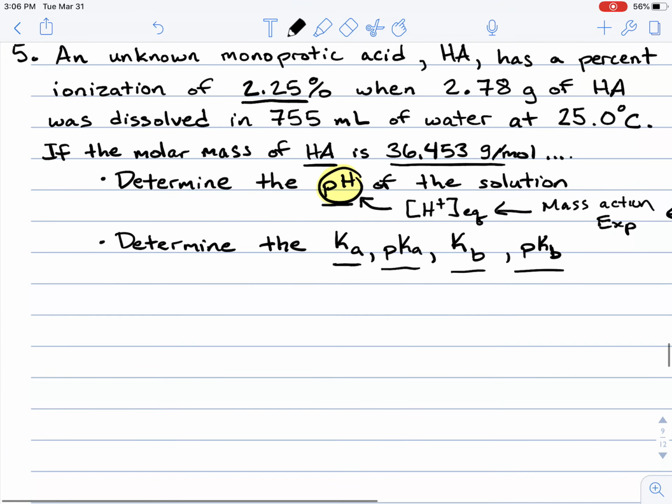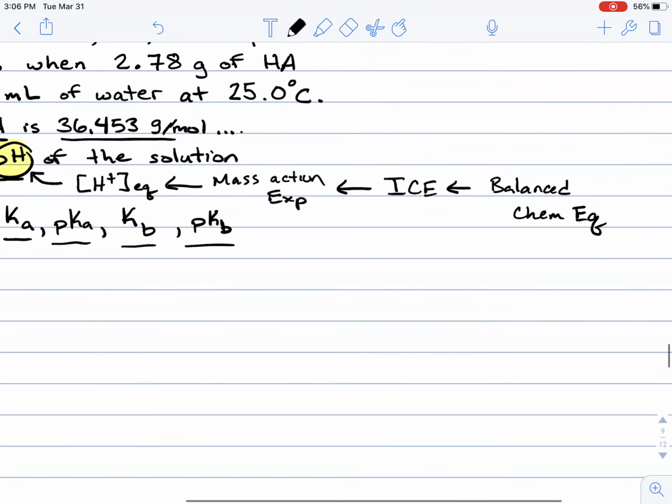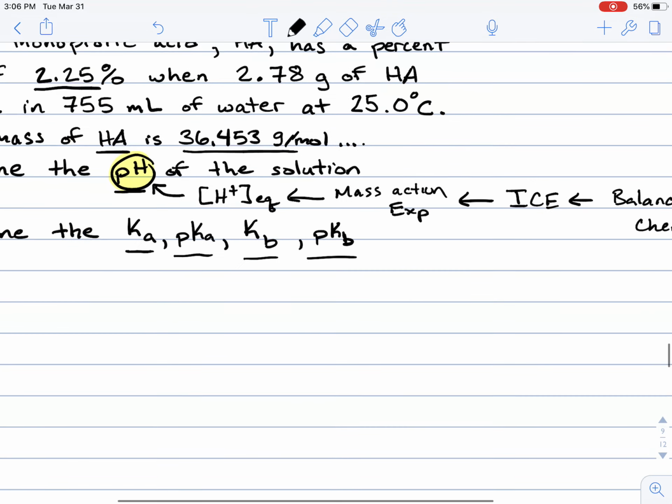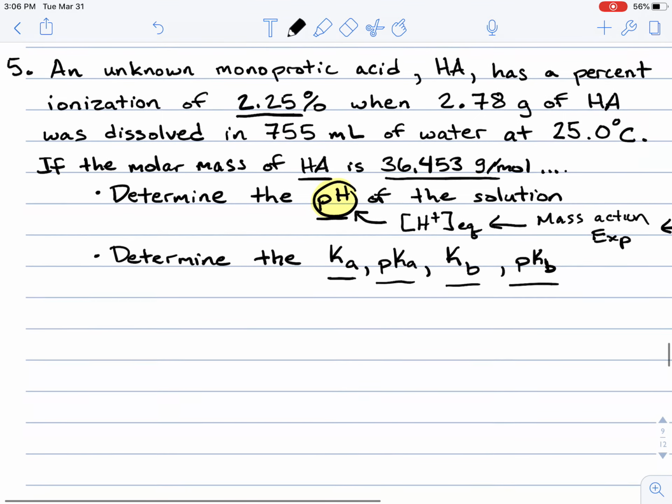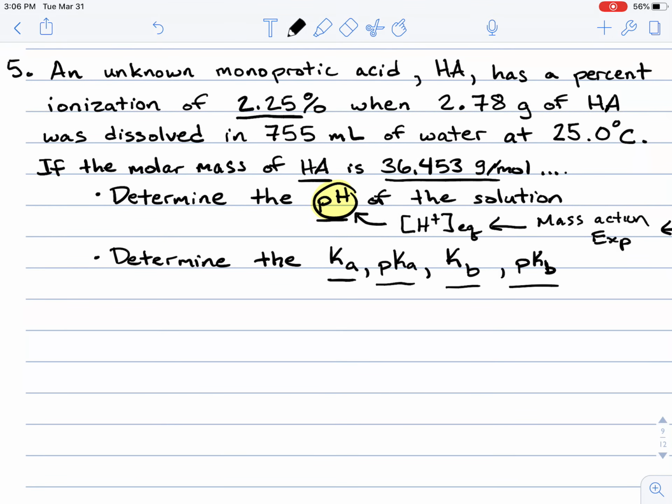So let's go ahead and do the first step, which is writing a balanced chemical equation. Since the identity of our compound is a monoprotic acid, we're going to go ahead and represent that as HA.